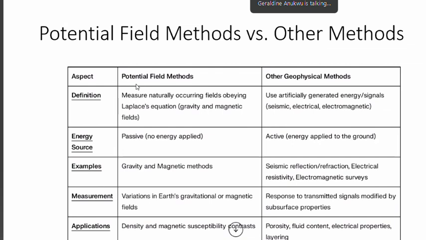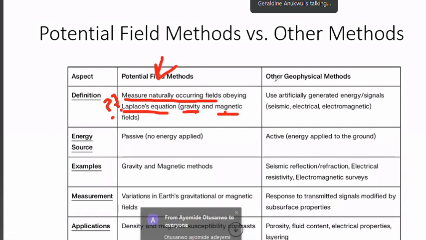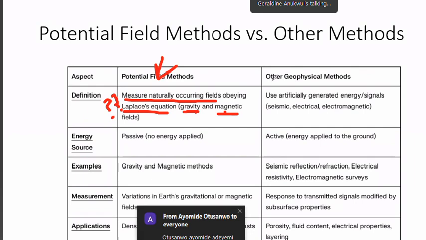So the definition for potential field method, please take this note. It measures naturally occurring fields that obey the Laplace's equation. So the question we'll now ask ourselves is, what is Laplace's equation? And the two methods that obey the Laplace's equation are the gravity and the magnetic fields. And that is why the gravity and magnetic fields are classified under the potential field method, while other methods are classified under the general geophysical method.